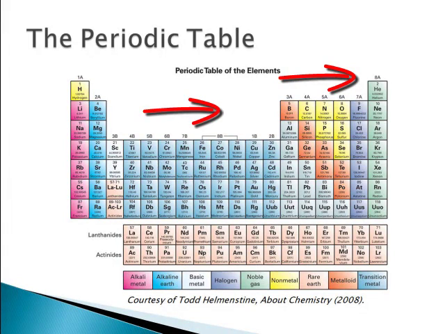Once again, families, groups are vertical, periods are horizontal. There are 18 groups in the periodic table, and the elements in each group have similar properties.